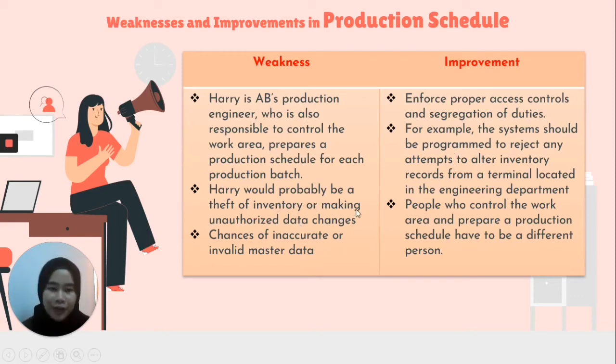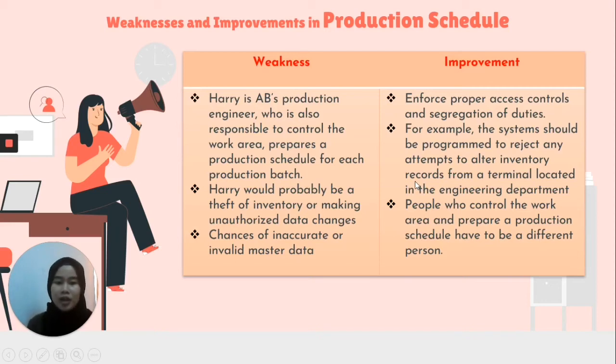So to prevent unauthorized changes of the production data, the company needs to enforce proper access control and segregation of duties. For example, the system should be programmed to reject any attempts to alter inventory records from a terminal located in the engineering department.